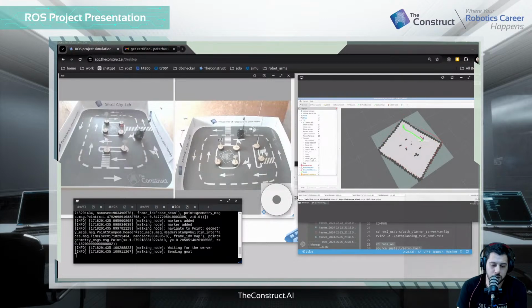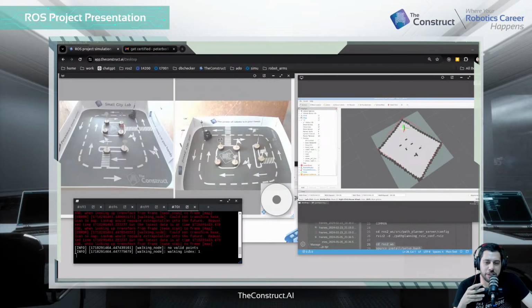Yes, show it to us, please. But I think in that case I cannot show you the robot. That's fine. We've already seen the behavior of what you've done, so let's take a look at how you've solved it.